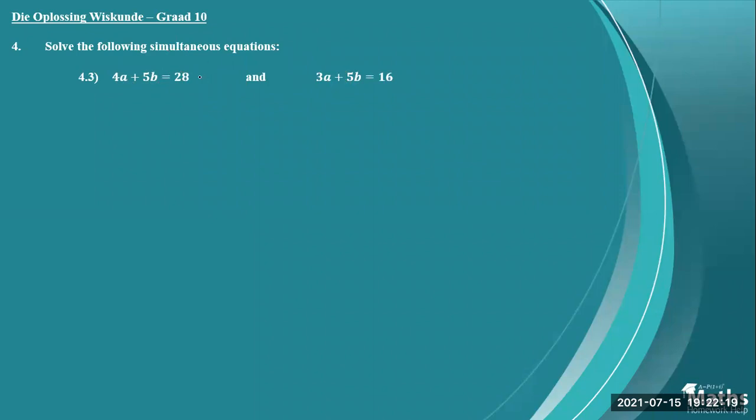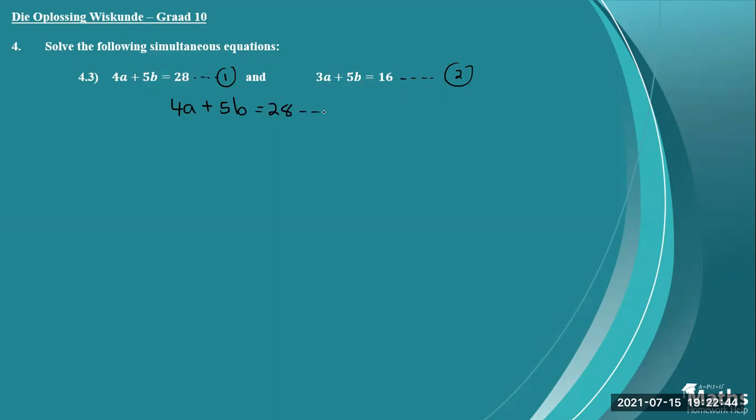Is it in the right order? Yes, it is. What did I mean by the right order? I mean the A has been written first, then the B, and the whole number's been taken over. So let's write it here, 4A plus 5B.